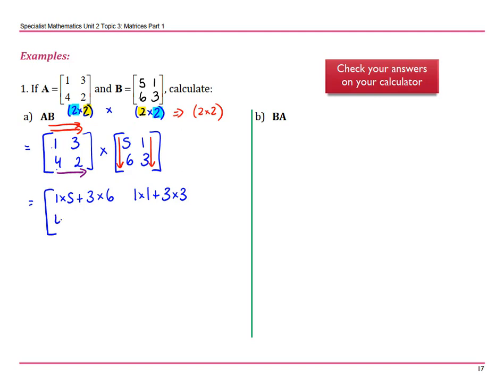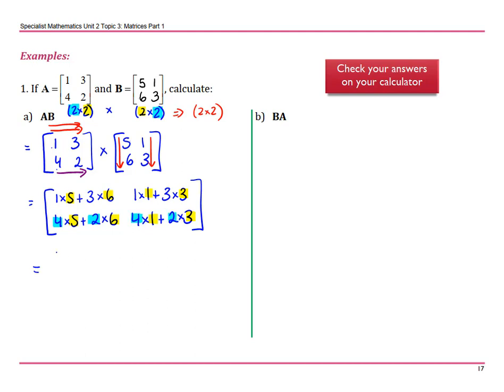So 4 times 5 plus 2 times 6. Then 4 times 1 plus 2 times 3. So look at that little trick that I was telling you. These second numbers will always be the same, and then going across, your first numbers will be the same.